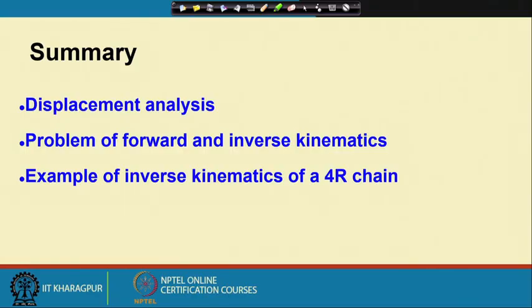So, let me summarize what we have discussed today. We have continued with the displacement analysis problem, and in today's lecture we have looked at the inverse kinematics of a 4R kinematic chain. So, with that I will close this lecture.